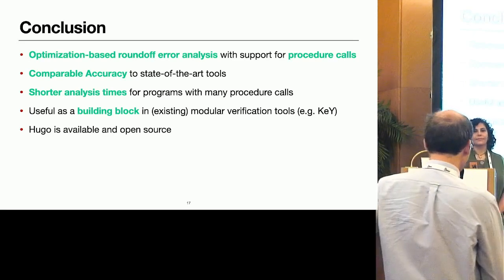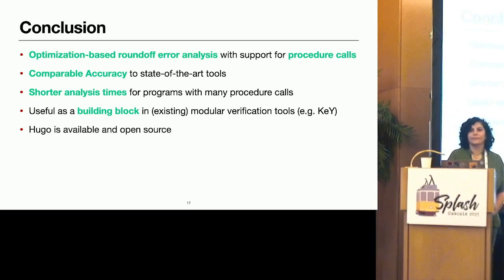I do have one. The use of expansion with Taylor series reminded me a little bit of a rather old tool which was called Fluctuat, done by Matthieu Martel, Eric Goubault, Sylvie Putot, except that they were not really quite using the Taylor expansion itself.